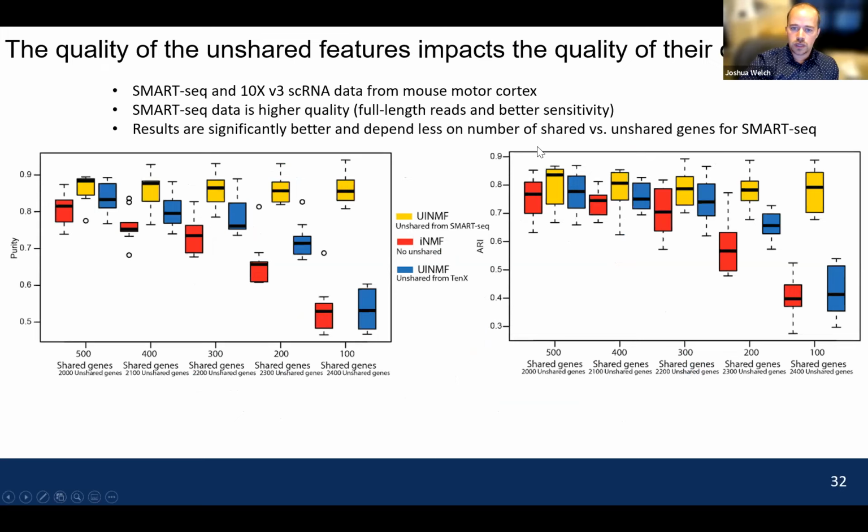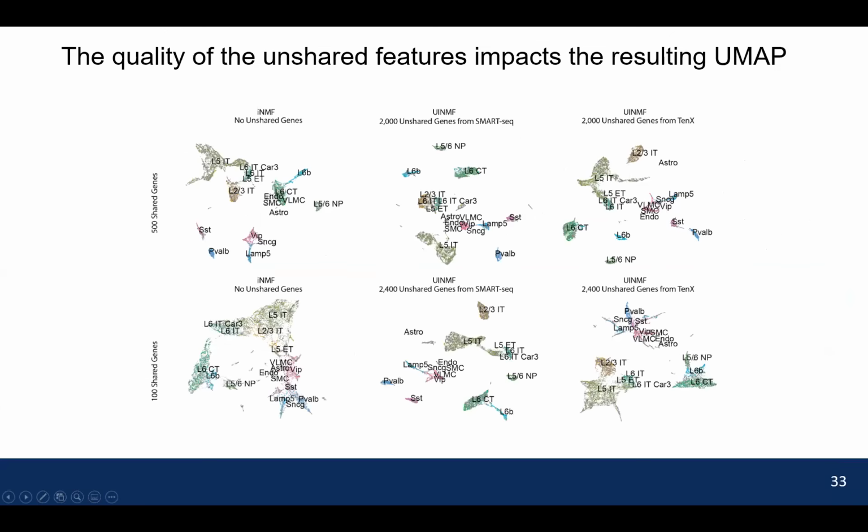Basically, the results show that you never lose anything by incorporating the unshared genes, because the red box plot is always the lowest. But basically, it's just saying that you get more. If you have to choose one data type to bring in your unshared features from, you would want to choose SMART-seq, because adding the unshared features from SMART-seq gives you more information than adding the ones from 10x. Okay. Thank you.